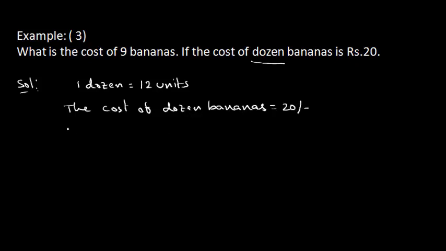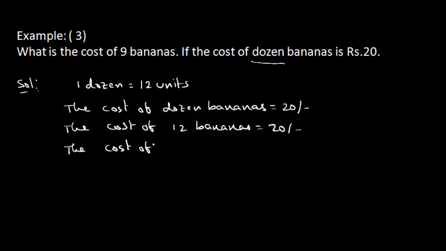A dozen means 12 bananas equal to 20 rupees. By the unitary method, now we find out the cost of one banana. The cost of one banana equals 20 by 12 rupees.